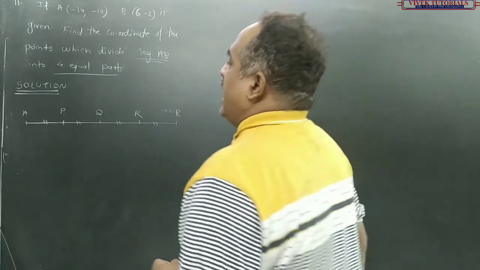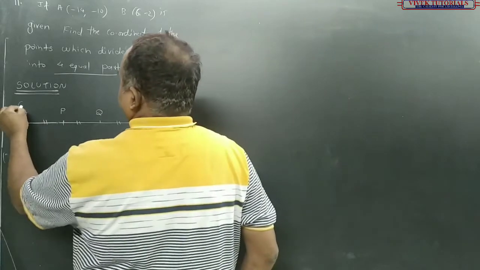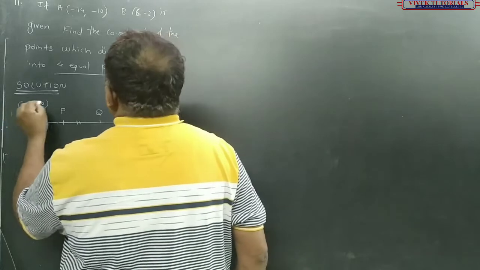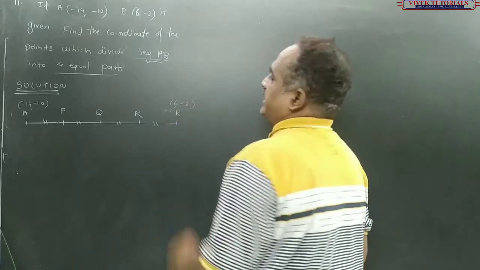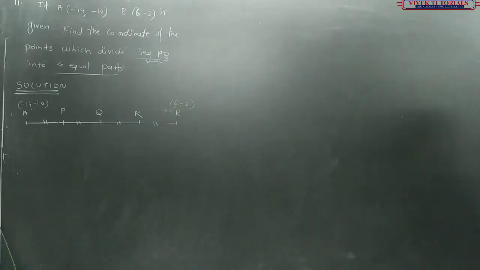Is it right? Now, the coordinates of A are minus 14, minus 10 and B is 6, minus 2. Got it?